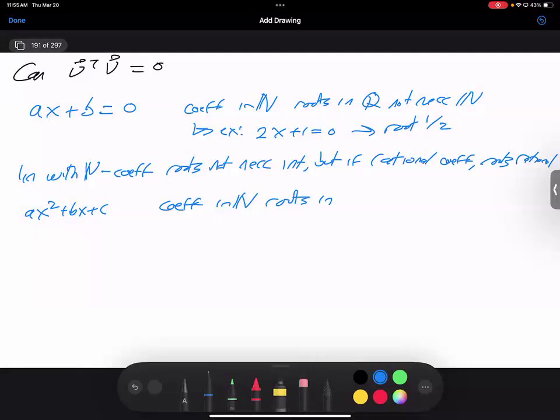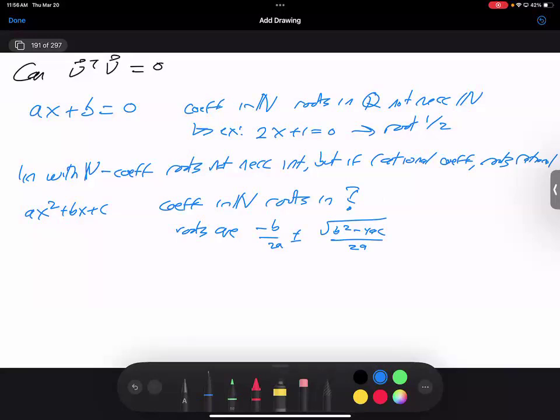So I know the roots are going to be negative b over 2a, plus or minus the square root of b squared minus 4ac, all over 2a. So if I keep a, b, and c to be integers or rationals, then the real part is going to be looking like an integer or a rational.